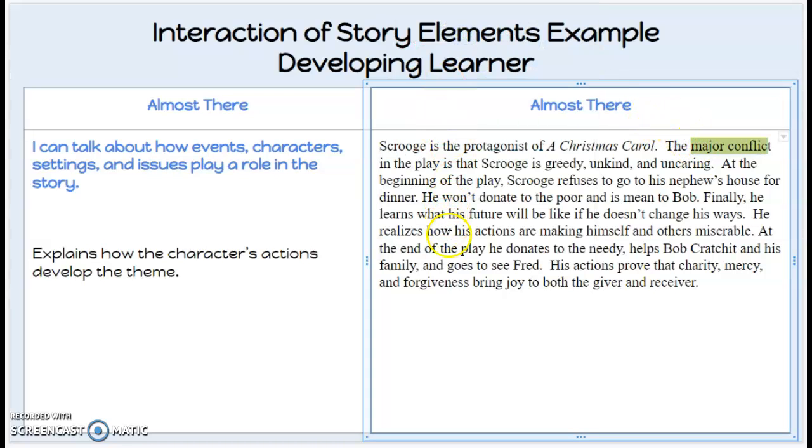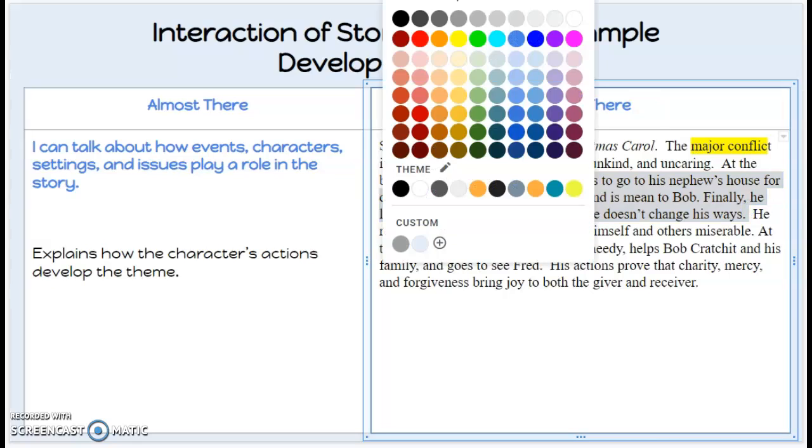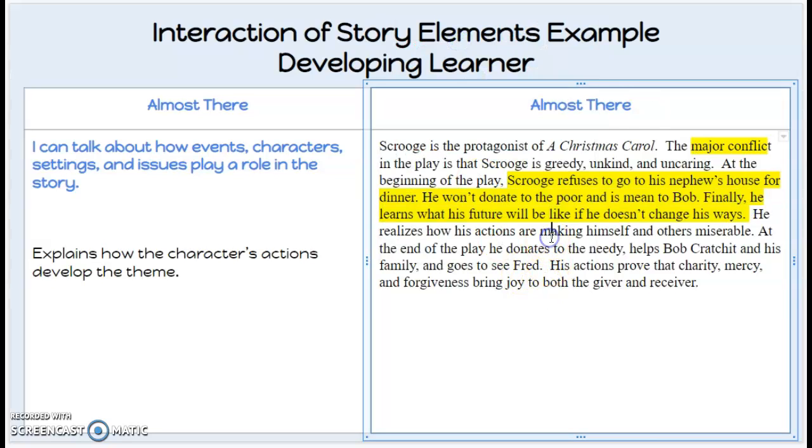Okay. We also see that the student was able to include some of the things that Scrooge did. We also see that this student was able to tell us how Scrooge changed.